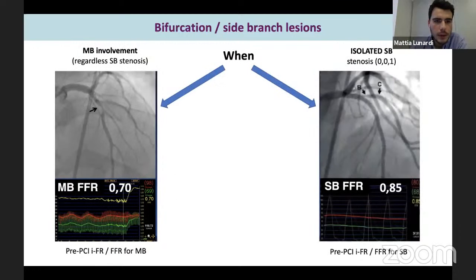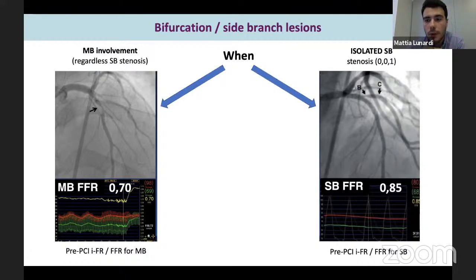Yeah, the first one on the left of the screen concerns the main branch involvement. We have a stenosis of the main branch regardless of the side branch involvement, and the FFR in this case is positive, it's abnormal, so it's reliable, and you can do PCI based on this functional value.